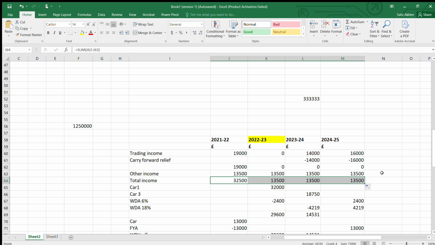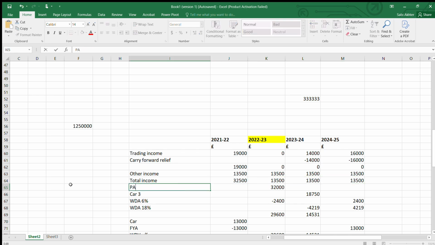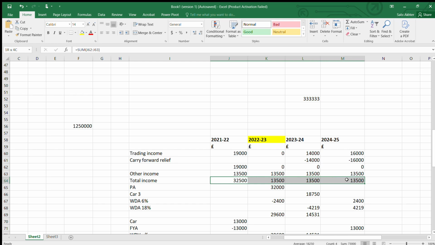Now from your total income, what do you deduct? Personal allowance. Remember your total income in all these cases is less than 100,000, so minus 12,570. You will get the full personal allowance and then you get your taxable income.